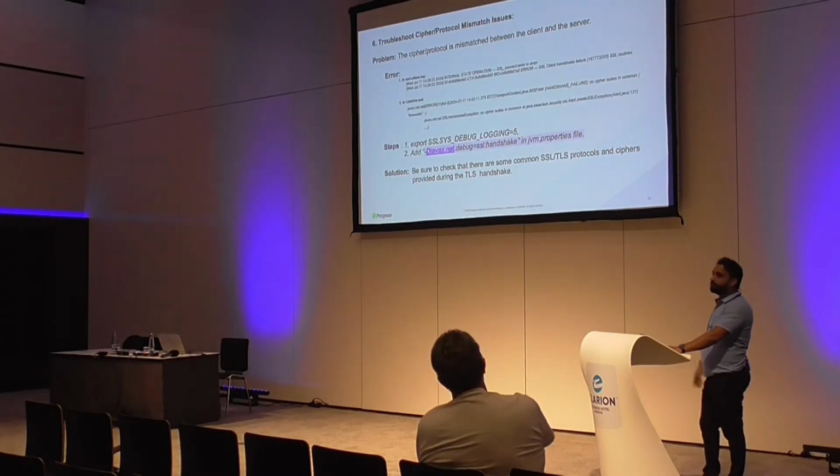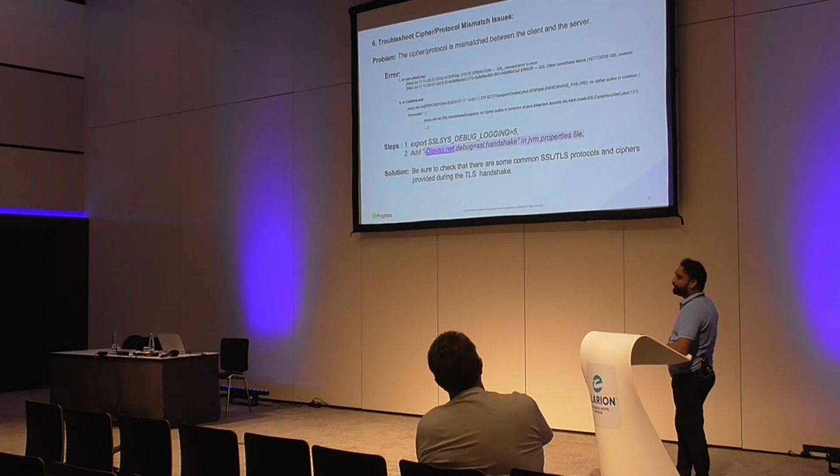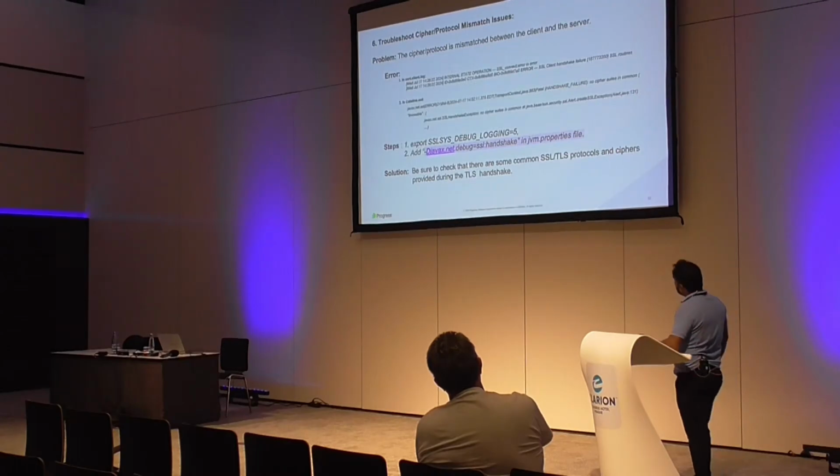If you are using some other server like a DB server, then you need to enable the server log for the OpenSSL based component. When you set the proper cipher suites, your connection will work fine. So this was the last use case.